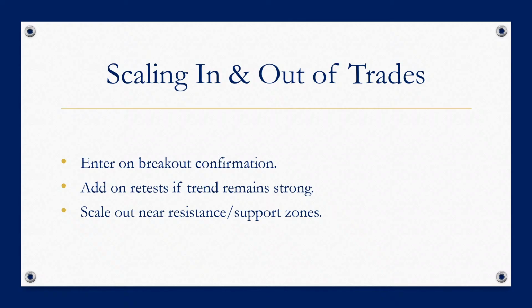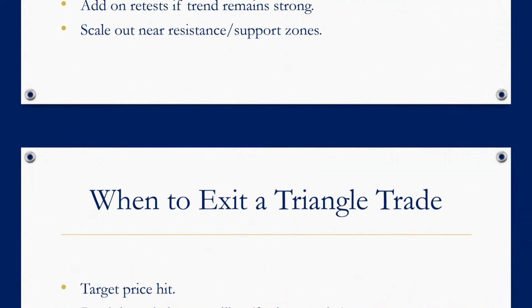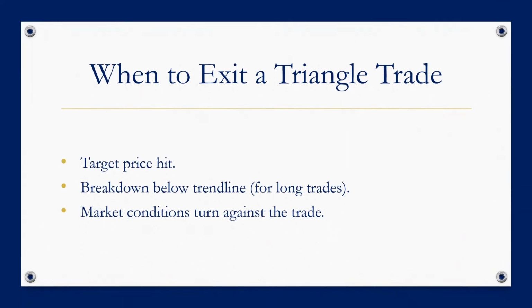What did I say that you can do earlier? I said you can take profits, scale out of the trade, and then raise your stop from its initial level to your cost basis at the very least so that you can't lose on the trade. Okay? So again, enter on the breakout, add on successful retests, and exit at key levels to maximize returns.